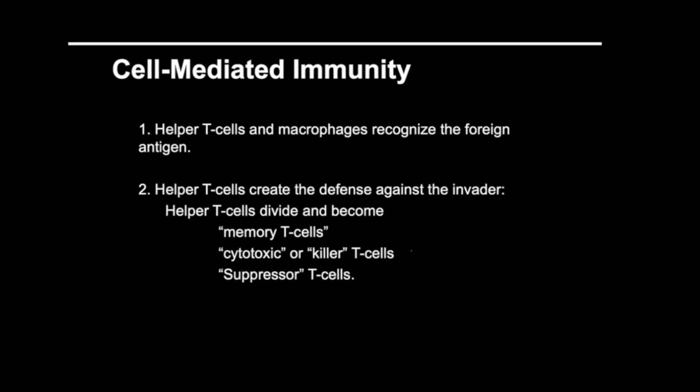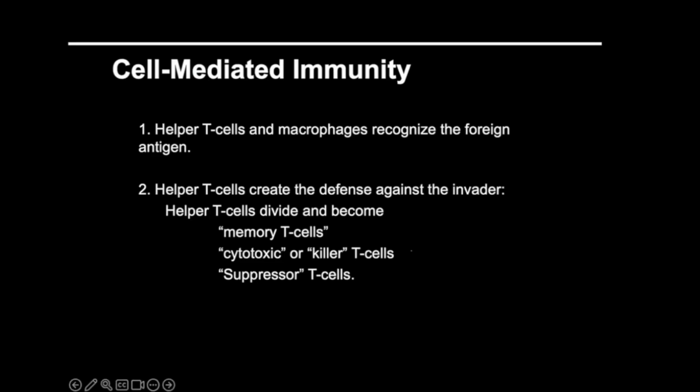The helper T cells will start dividing and become three types of T cells: memory T cells, cytotoxic, otherwise known as killer T cells, and suppressor T cells. So with this invader coming into our body, the T cells really hop to it and start arming themselves.